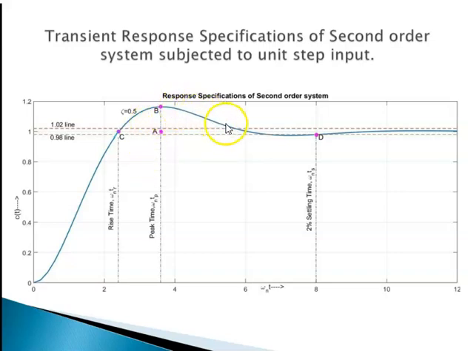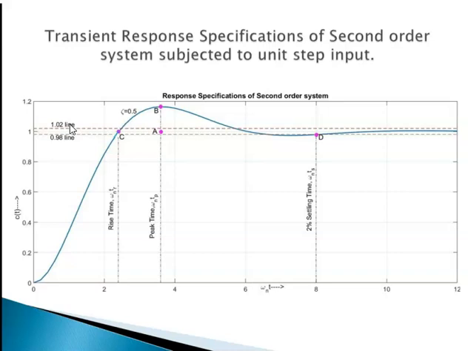And then in the process it comes to a time T sub S, where the response always lies within a tight tolerance band around the steady state value. That is, once it comes to this 2% settling time, it will always remain in between these two lines. These two lines are 0.98, that is 2% less than the steady state value, and 1.02, that is 2% more.